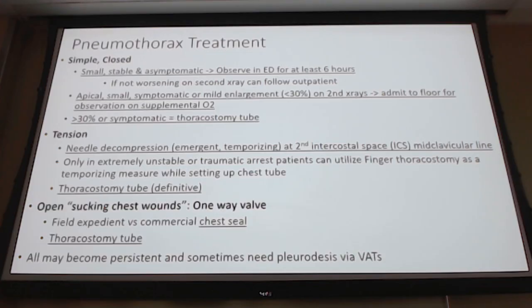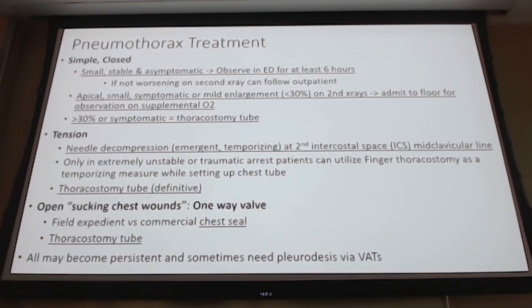If it is small, apical, and symptomatic, or they have mild enlargement but not greater than 30%, either on the second x-ray or a CT, we admit them to the floor and we give them supplemental O2. If it's greater than 30%, on the first image or any subsequent image, then we admit them and put a chest tube in.